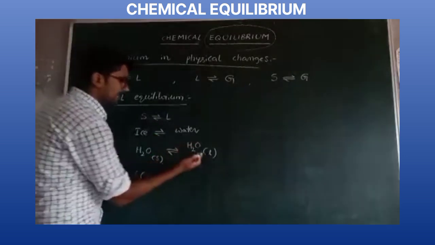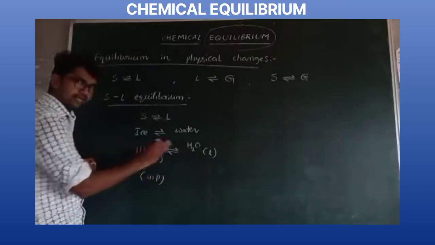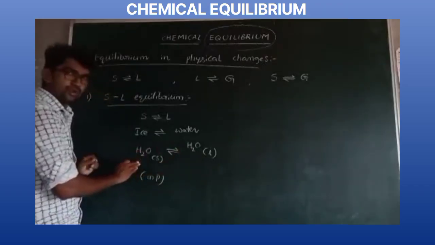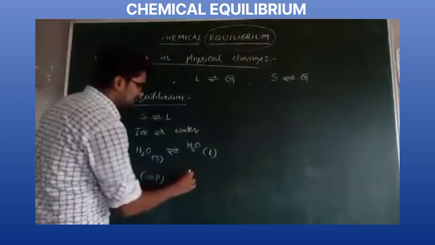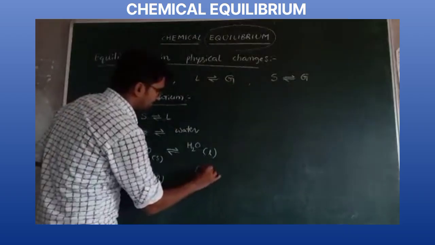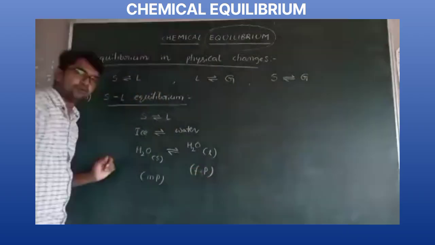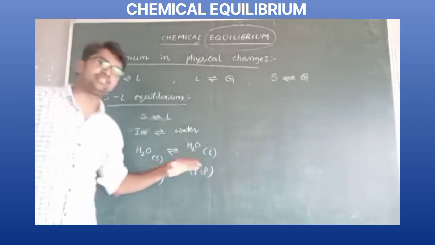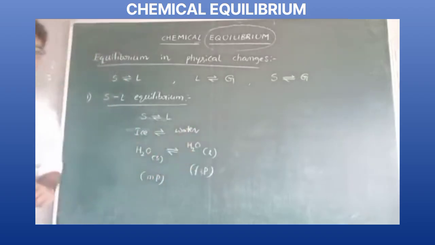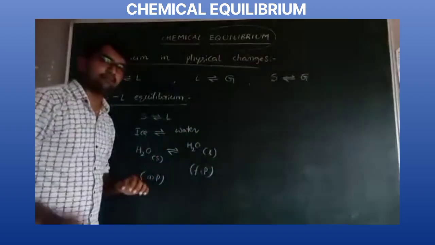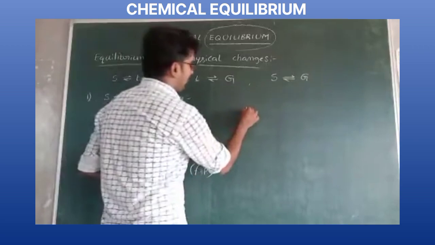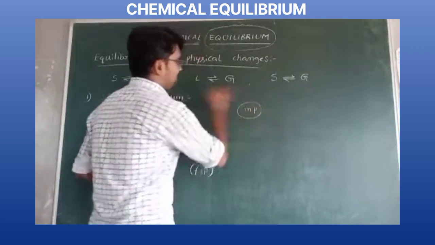Liquid is converted to solid. Water liquid is converted to water solid, that is ice. It is called the freezing point. So here, melting and freezing are both in equilibrium. First I will explain about the melting point. What is the melting point?